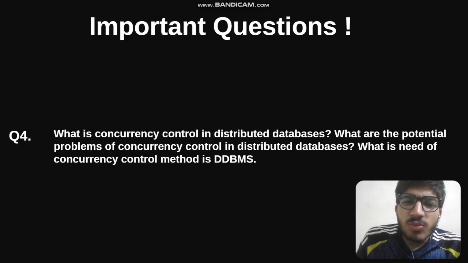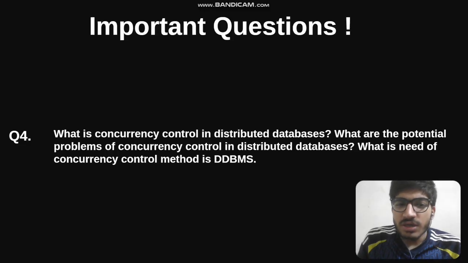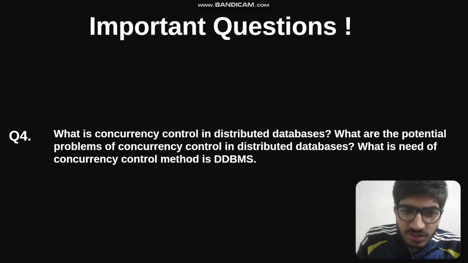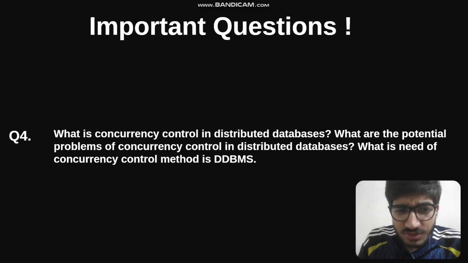Now, potential problems of concurrency control in distributed database management systems. Concurrency control is significantly more complex in a distributed environment than in a centralized one due to the inherent characteristics of distributed systems, that is lack of a global clock, communication latency, and site failures.